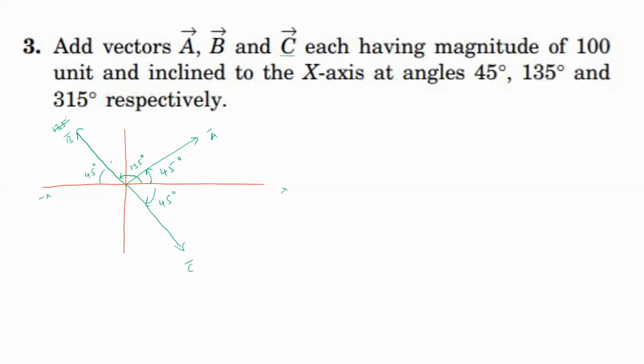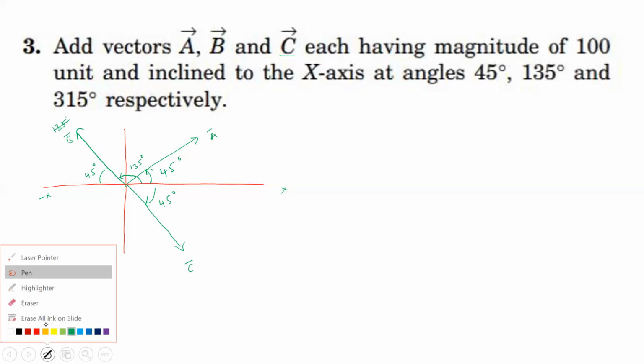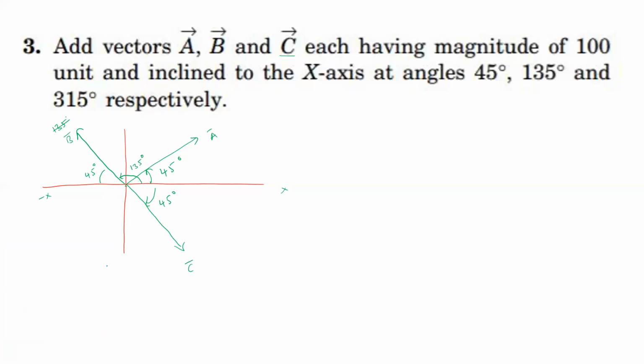Now listen here, this b vector and c vector are in the same line but in opposite direction. So the b vector and c vector are equal and opposite, so these two get cancelled. That means the resultant of these three vectors is only the a vector. That a vector's magnitude is given as 100 unit and direction is 45 degree.